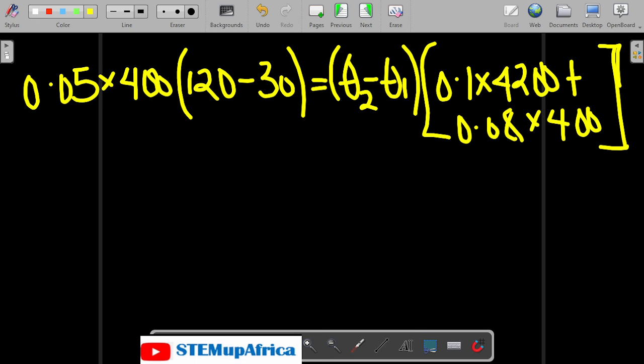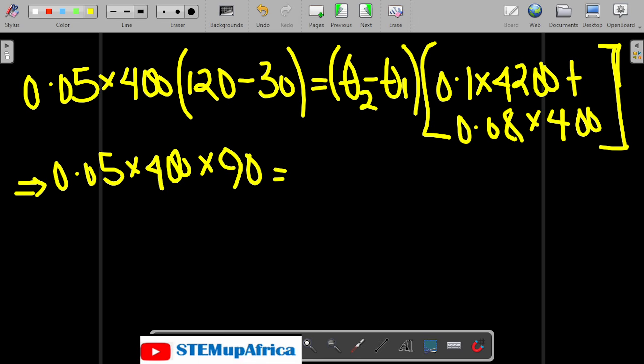If I multiply, on the left I have 0.05 times 400 times 90, which is 120 minus 30.